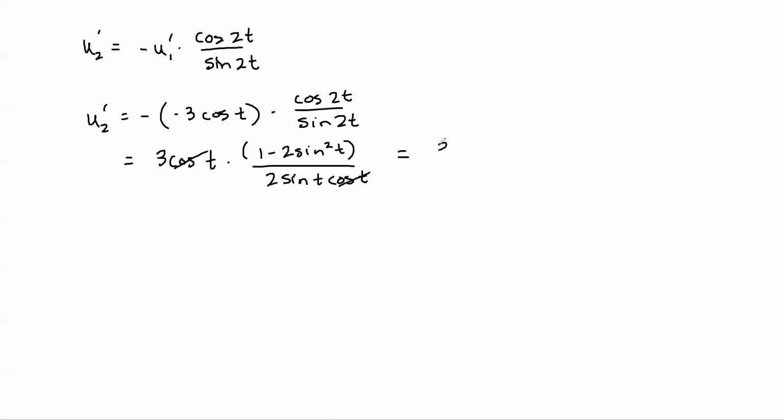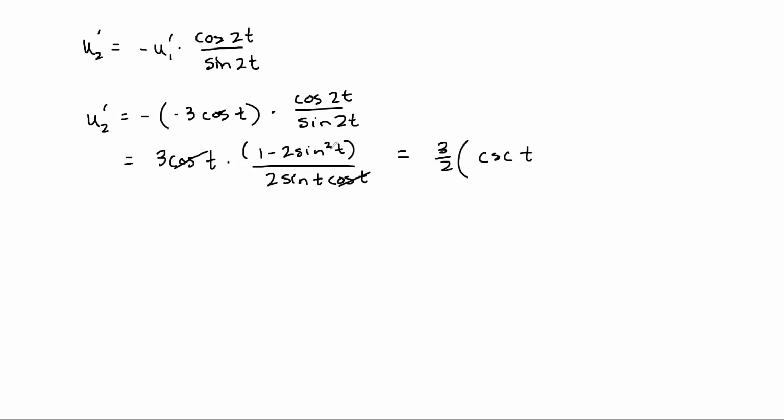Let's just pull the 3/2 off to the side. So we're going to have 3/2, and then we'll have 1 minus 2. Okay, so if you take 1 over sine, that's going to give us another cosecant t.